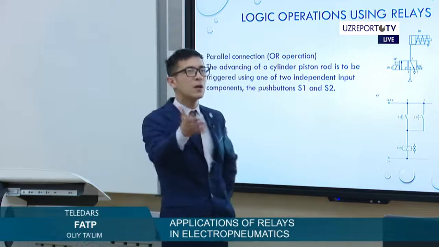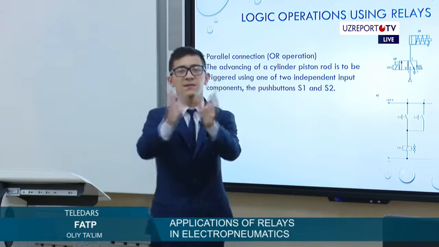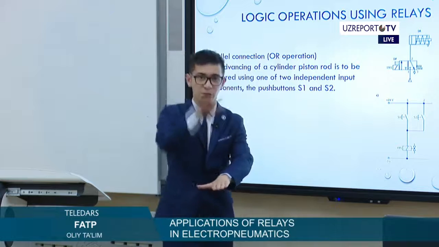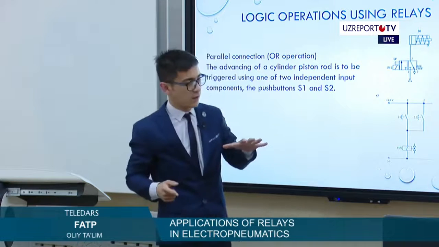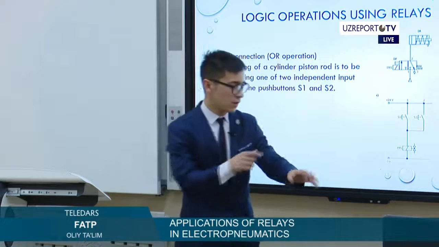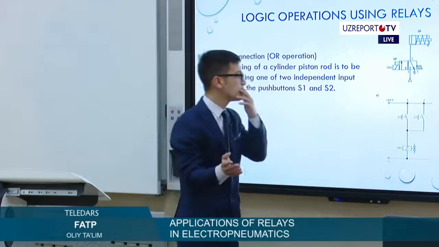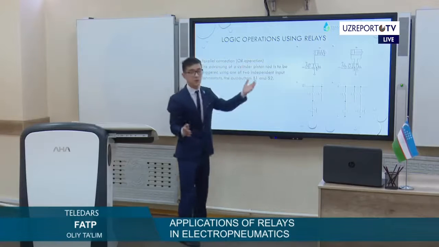For example, we have a lot of this in metal manufacturers. They make a pressure of the metal for cars, for example. They have a very big pressure. If a worker puts his hand into this pressure, it will be very tragic. And to defend against this, this logic operation is used.